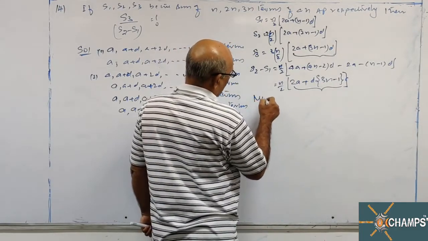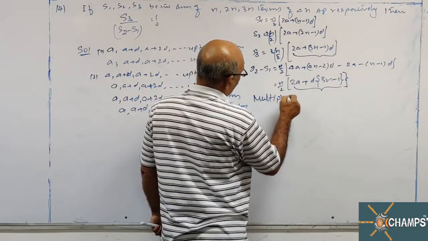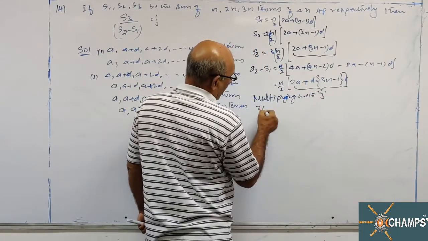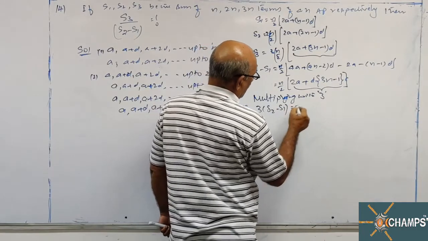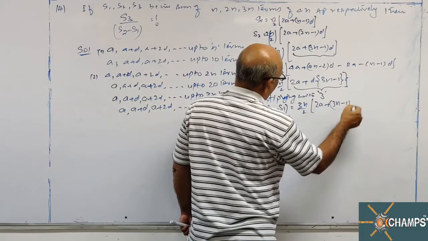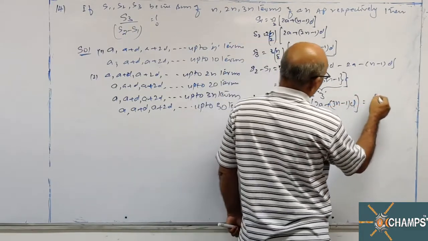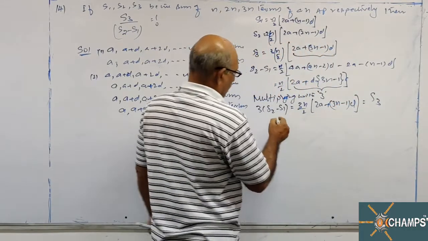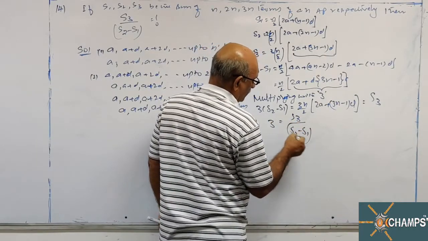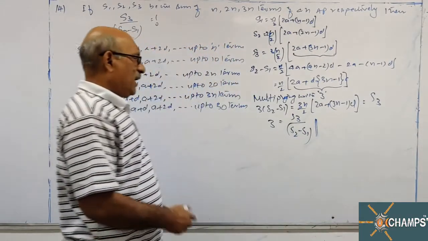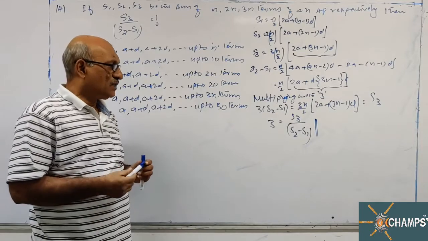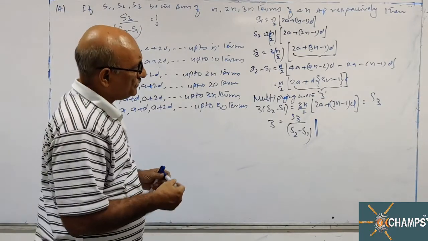So multiplying with the 3, 3 into S2 minus S1 is 3n by 2 into 2a plus 3n minus 1 into d. This is S3. So 3 is equal to S3 divided by S2 minus S1. This is the answer to the given question.